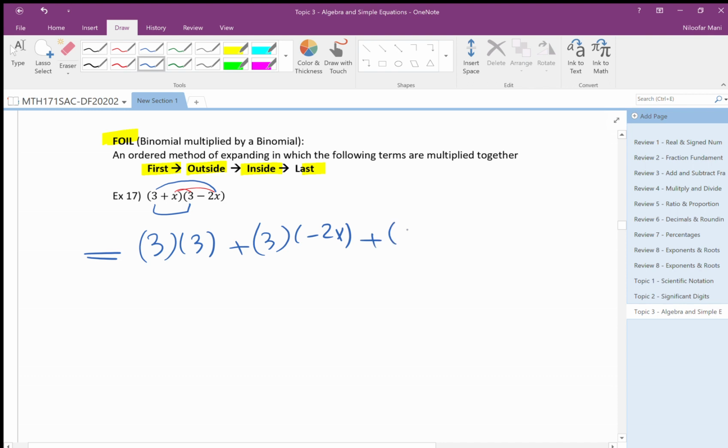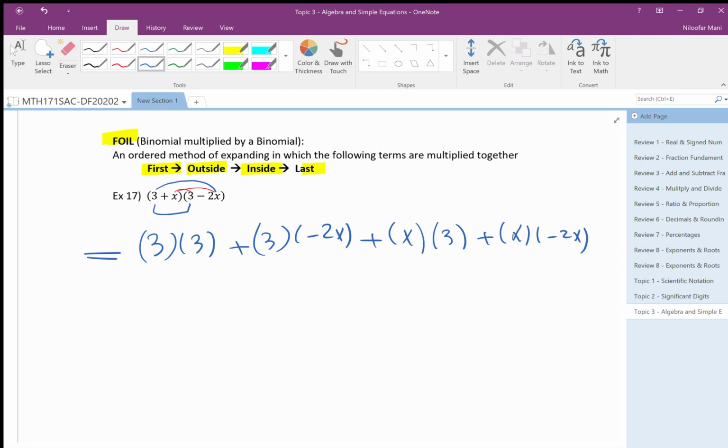You are done with the first term and all the terms inside the second, then you go to the next one, this multiplied by that, and then this multiplied by that.